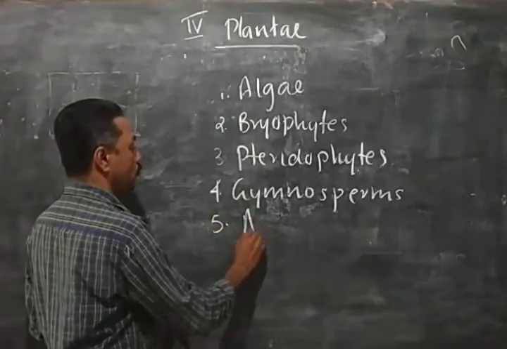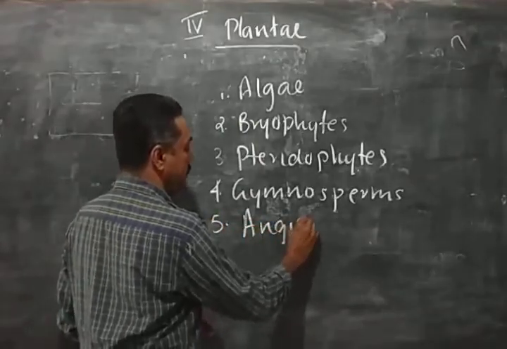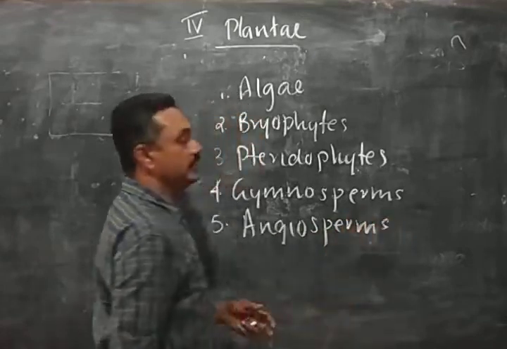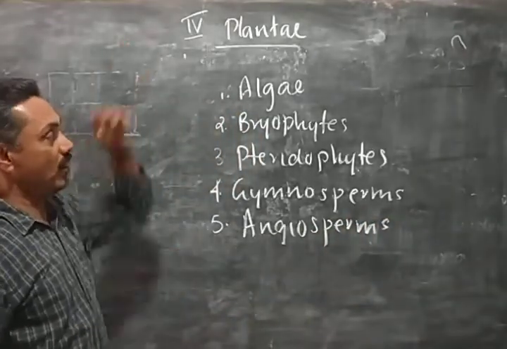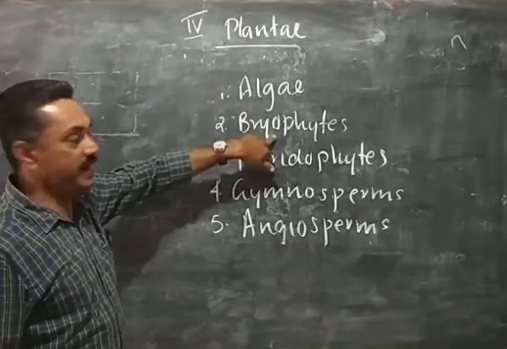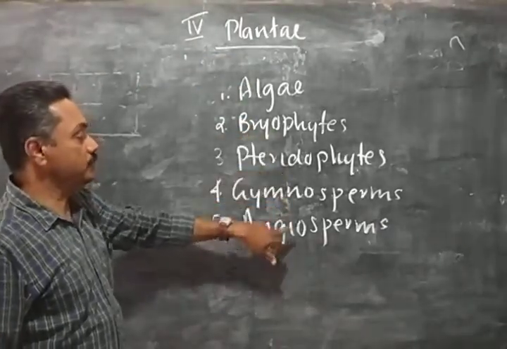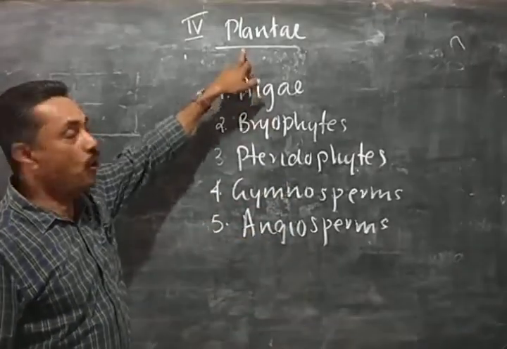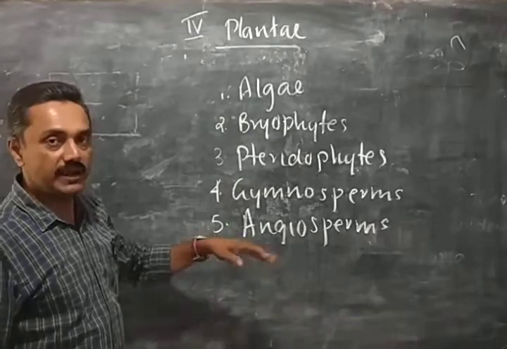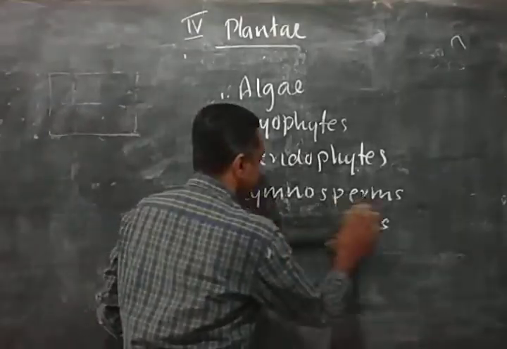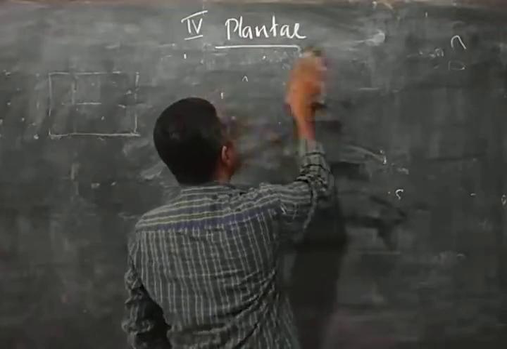And the last group is called angiosperms. The plant kingdom is classified based on the type of evolution: algae, the smallest organisms in water, then bryophytes, pteridophytes, gymnosperms and angiosperms. We can study the characters of the 5 groups later on. That's about the plant kingdom.